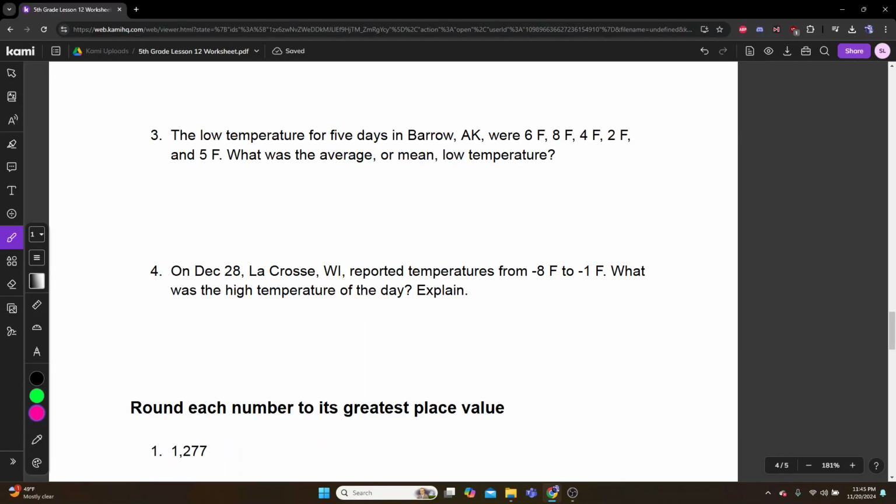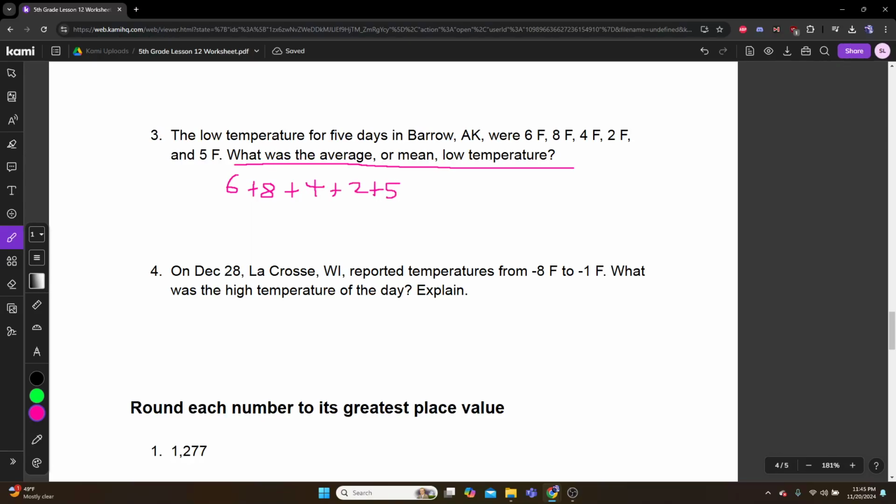Number 3, the low temperatures for 5 days in Barrow, Alaska, were 6 Fahrenheit, 8 Fahrenheit, 4 Fahrenheit, 2 Fahrenheit and 5 Fahrenheit. So what was the average or mean of the low temperature? Okay, so when we're taking the average or the mean, what we want to do is add up all the numbers that were given. So we would want to do 6 plus 8 plus 4 plus 2 plus 5.